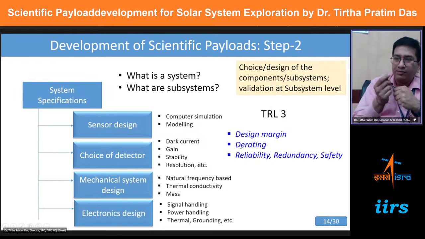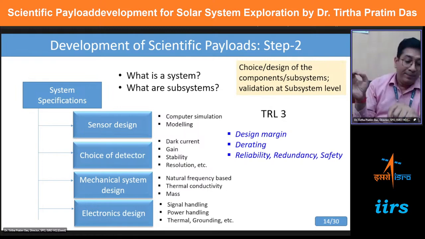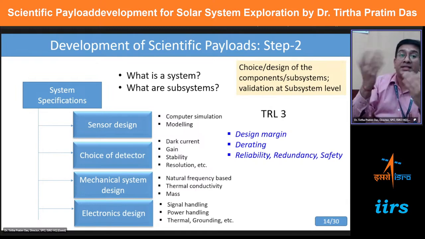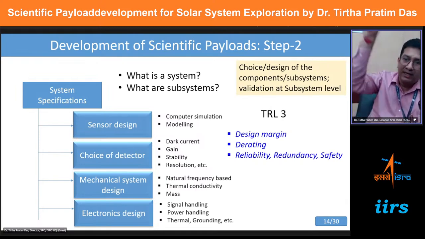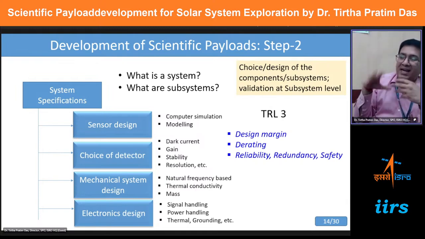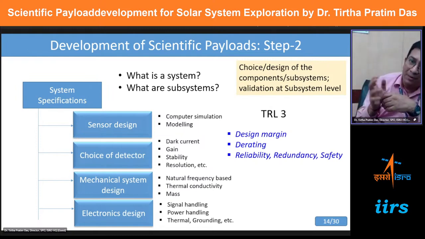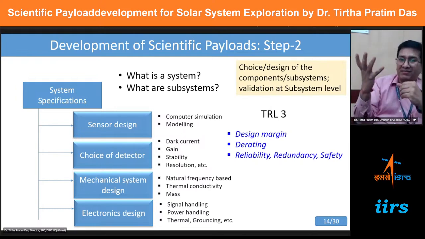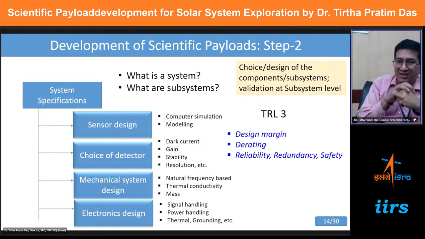I will tell you in a bit more detail about reliability later, but for the time being, let me tell you what I mean by design margin. In the harsh space environment, you are subjected to a lot of disturbances, from the process of launch up to being in space. Your instrument can handle certain loads or disturbances, and you can quantify how much load is coming to your instrument.